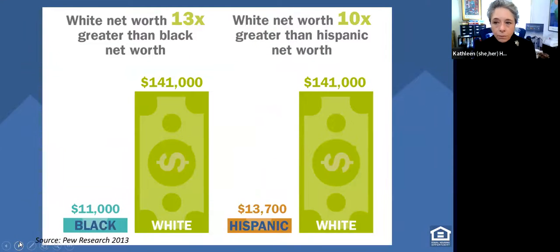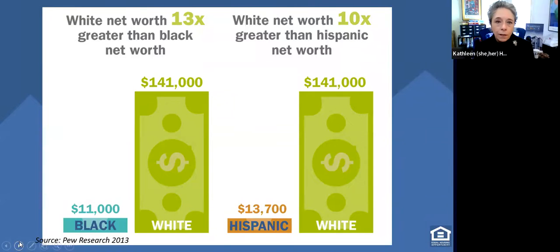The reason that Homestead focuses on home ownership points to what's on the slide right now, which is a comparison of Black net worth and Hispanic net worth with white net worth. And although the date of this research, 2013, is 9 years old, the disparities between Black net worth and white net worth, and Hispanic net worth and white net worth, are the same.